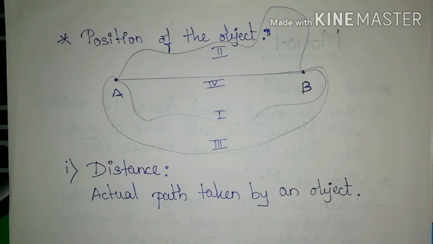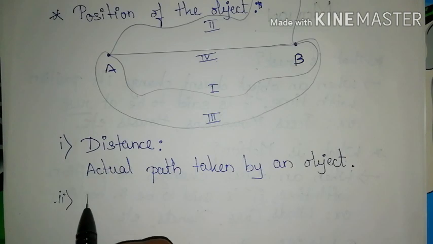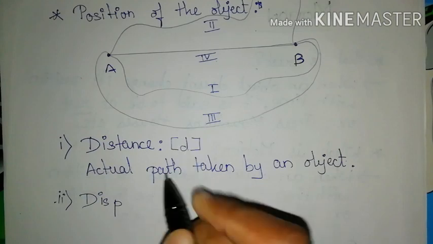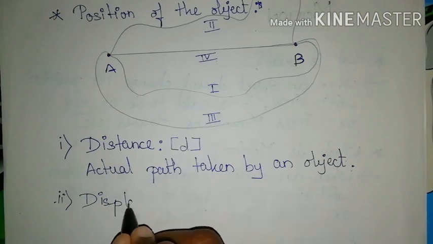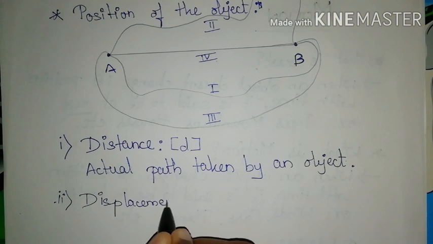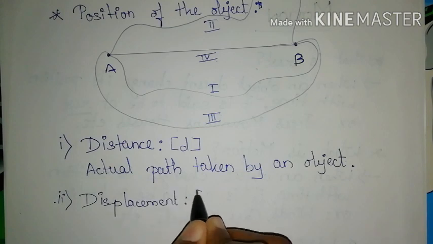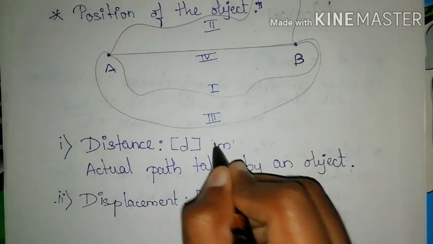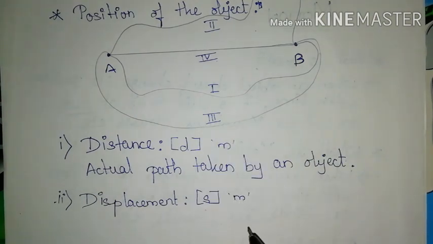Euclid's axiom number 1. Displacement. Distance is denoted as small d, whereas displacement is denoted as small s, and both their units are meters, since both of them are lengths, so their SI unit is meter.